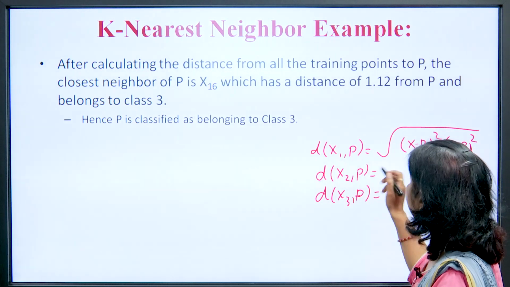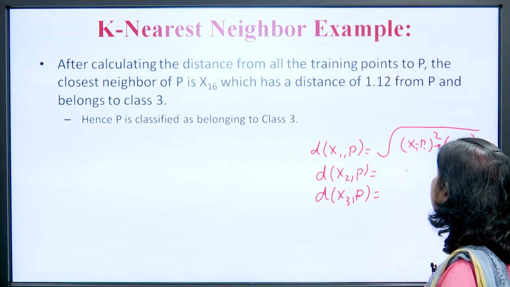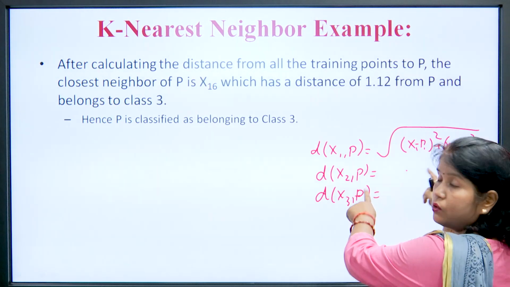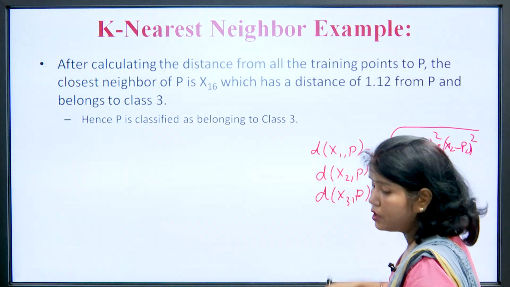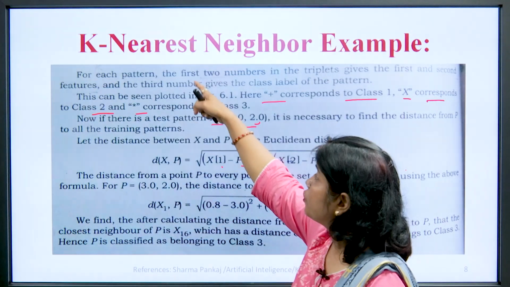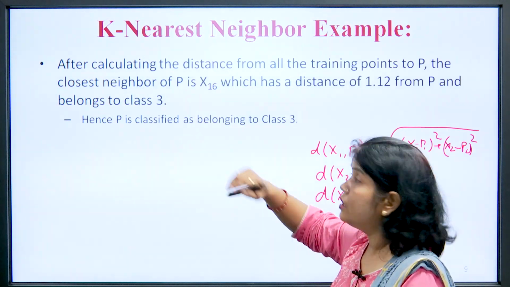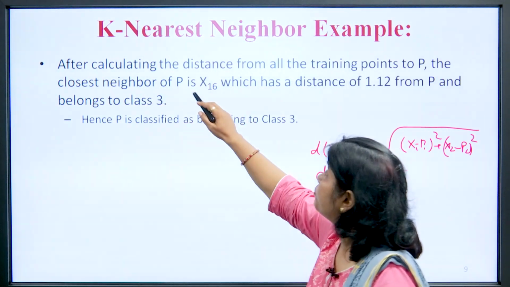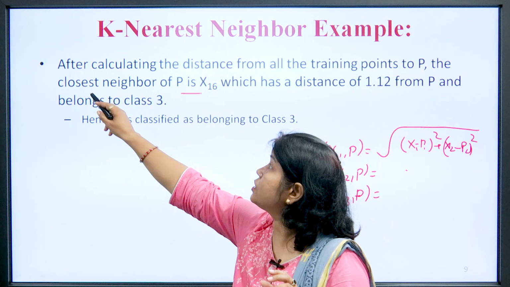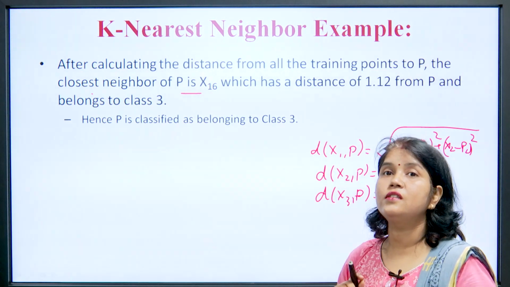In the same manner, x2 minus p1 whole square, x2 minus p2 whole square. You will find the distance from all the given training patterns, and you will see that the closest neighbor of P is x16.